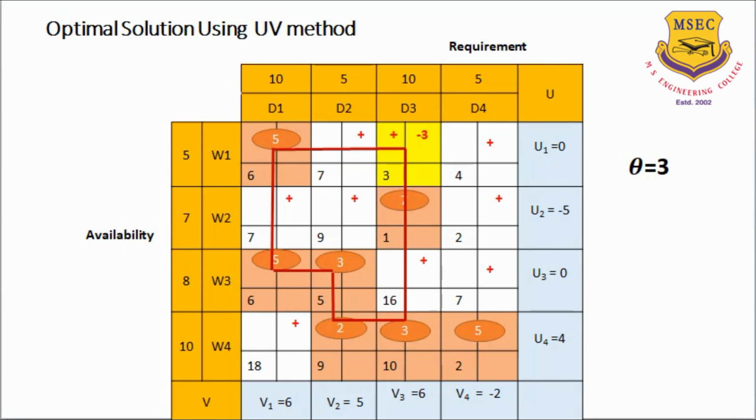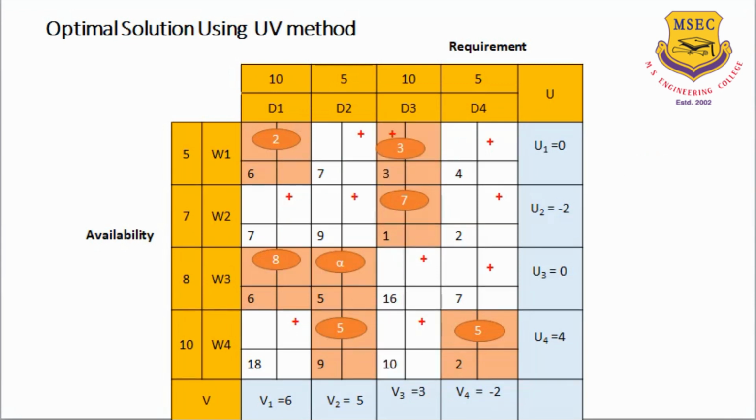If you are adding in W1 D3, it has to be subtracted in the connected nodes as we have explained earlier. So when we make additions of 3 and subtractions of 3, the resultant matrix will be as shown.